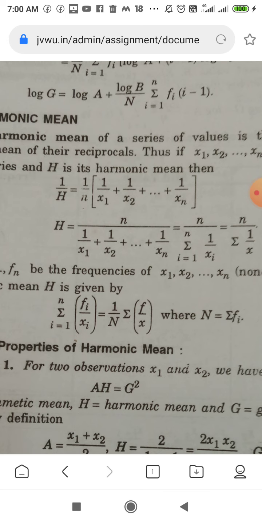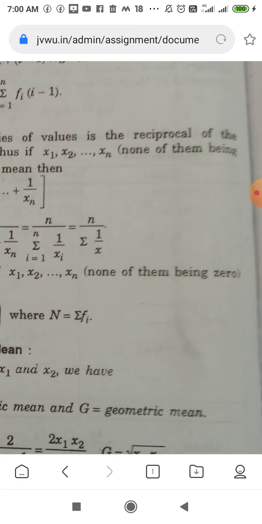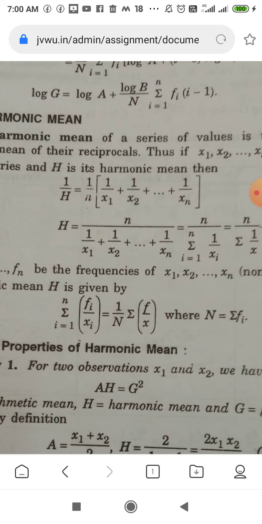Harmonic mean is just the vice versa process of the arithmetic mean. So if we take the values in the series x1, x2, ..., xn, then 1 upon h is 1 upon n, bracket start 1 upon x1 plus 1 upon x2 plus dot dot dot 1 upon xn.